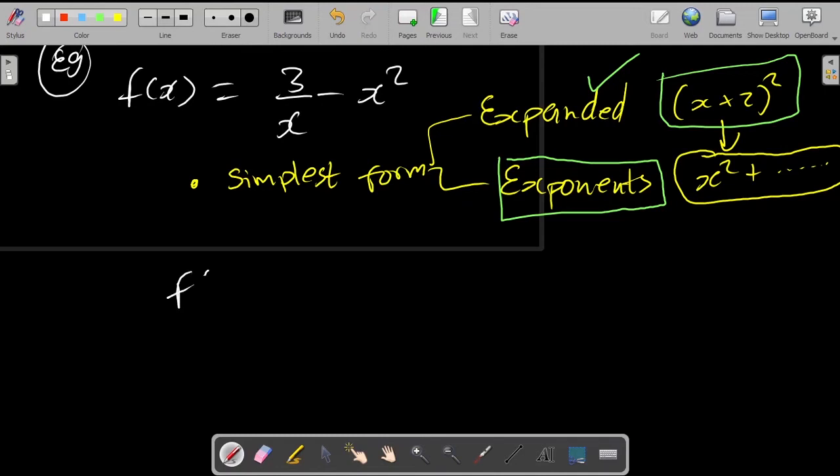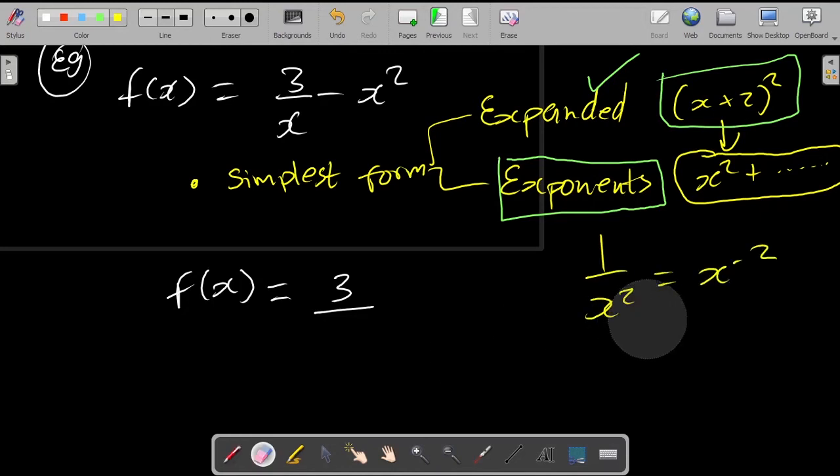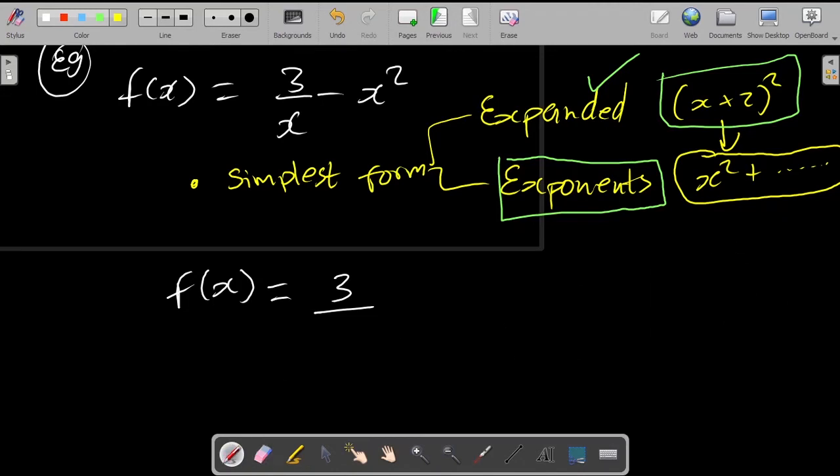So from algebra, we know that if you have an exponent below the line or as a denominator, whatever the value is, so for example, let's say we have 1 over x squared, it's the same as x to the minus 2, right? And whatever the exponent is, we just take it up and put a negative. Now in this case, the exponent is just 1, and we can take that up and put a negative over there. So we have this in front of us, right?